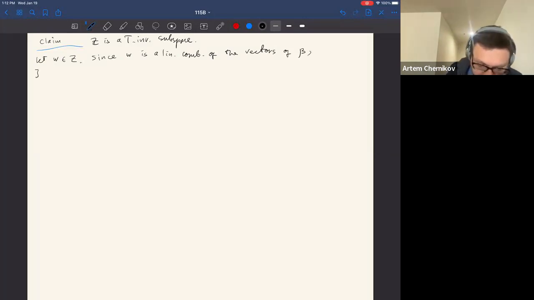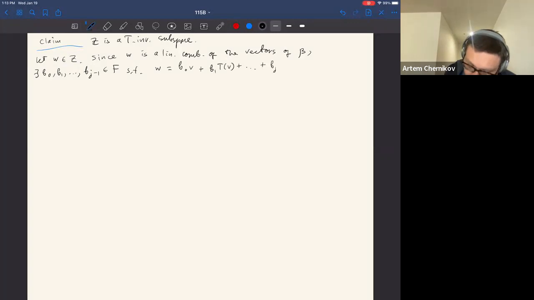It follows that there exist some scalars b_0, b_1, etc., through b_{j-1}, all scalars in F, such that w can be written as the corresponding linear combination of the vectors in beta. So w is equal to b_0 v plus b_1 T(v) plus etc. plus b_{j-1} times the vector T^{j-1}(v). Here we just wrote out that by definition of Z, it's the span.